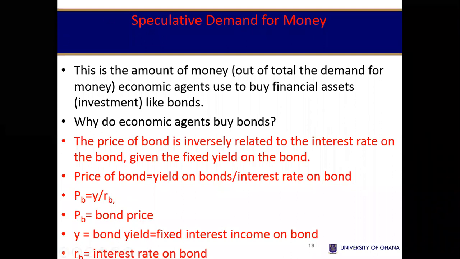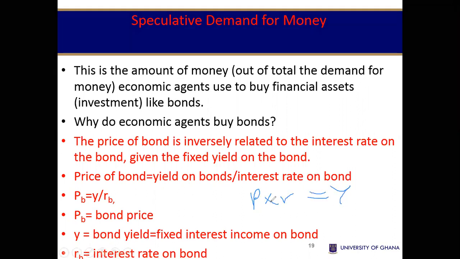So price times interest rate is equal to the yield. If we divide through by interest rate, we get price is equal to Y over R. And with an expression like this, P is inversely related to R, inverse variation. Whenever R goes up, P will fall.